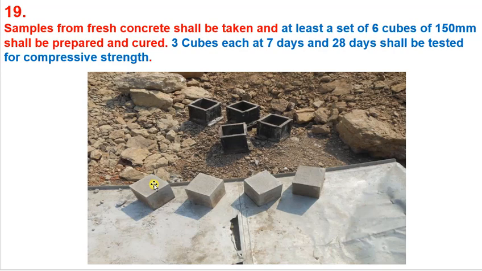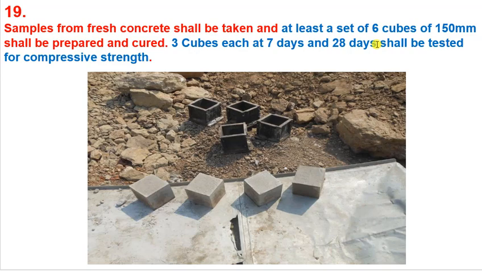Total number of cubes should be 1, 2, 3, 4, 5, 6. There should be 6 cubes, and among these 6 cubes, 3 cubes will be tested at 7 days and the remaining 3 will be tested at 28 days. Got it?